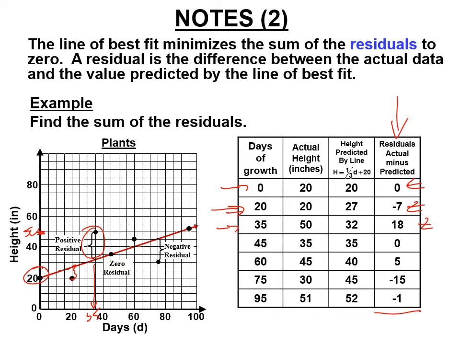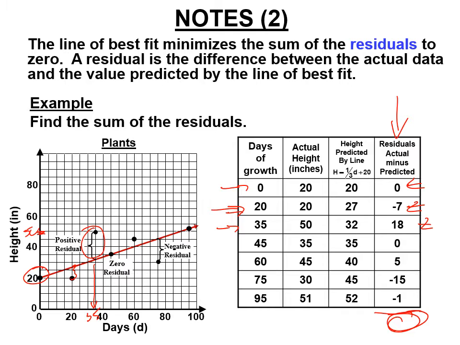All right. And so what I did was I took all the residuals for all the different dots, and then we're going to add them all up. Let's see. So negative 17 plus 18 is 1, plus 5 is 6. Oh, they add up to 0. And it turns out, that is the line of best fit, right? All the residuals added up to 0.